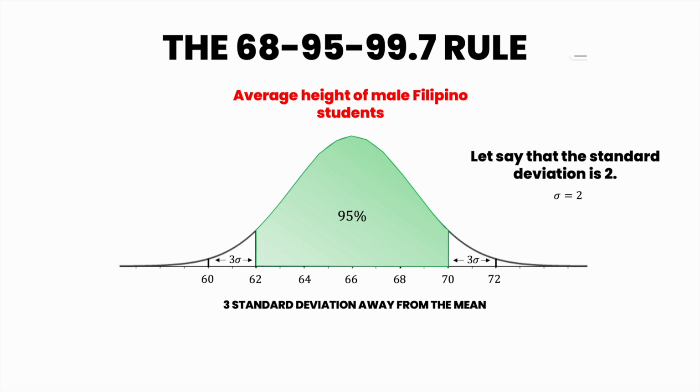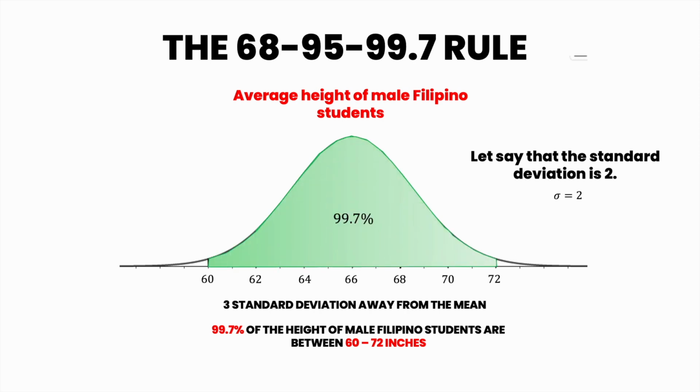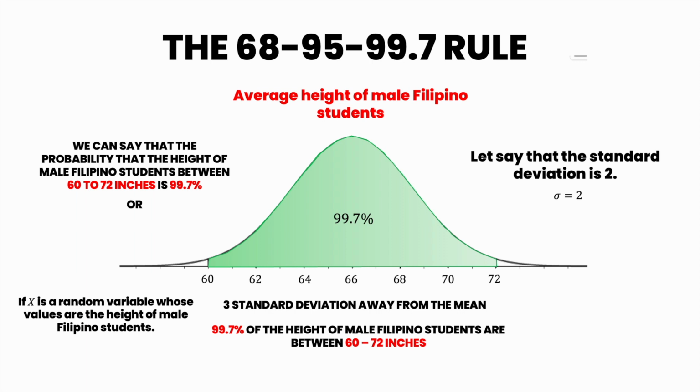Next, let us consider now 3 standard deviations away from the mean. That means we have 99.7% of the heights of male Filipino students between 60 and 72 inches. And again, we can rewrite this as follows.